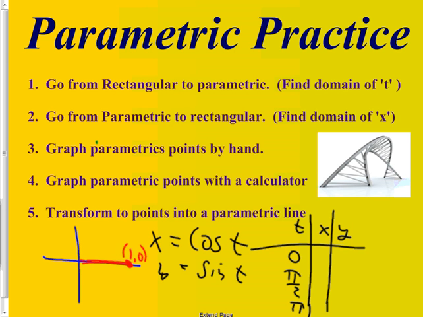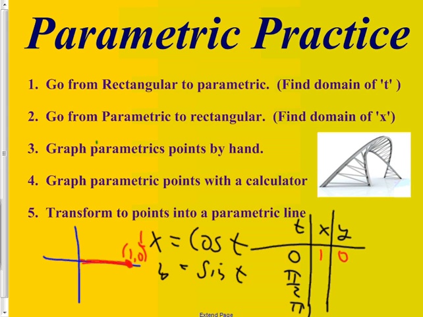It's 1, 0. And that tells me the cosine and the sine of it, because sine's the y, cosine's the x. So sine's the y of it, which would be 0. And cosine of it is the x, which is 1. Did you get 1, 0? Raise your hand if you did.